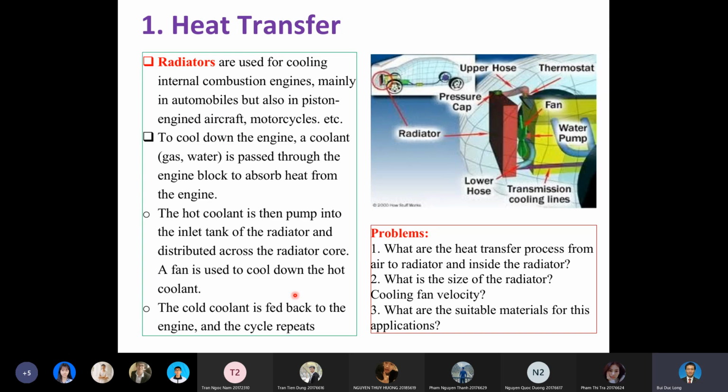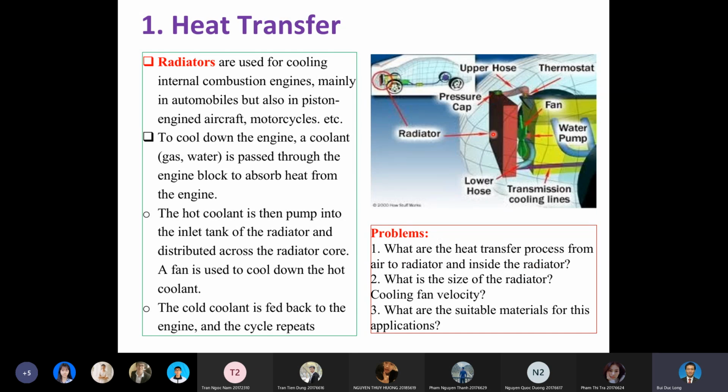This is similar for heat transfer from a radiator, so I will skip this part. Here is a radiator used for a car to cool the engine. Some questions are involved here. What are the heat transfer processes to air, to the radiator, and inside the radiator?